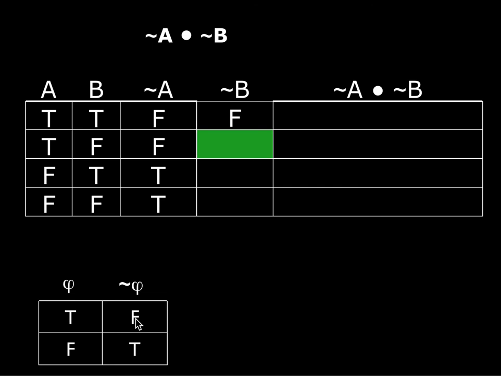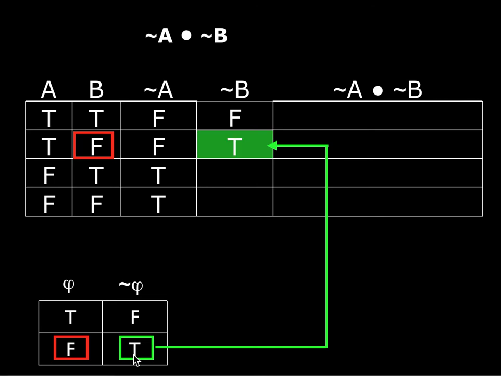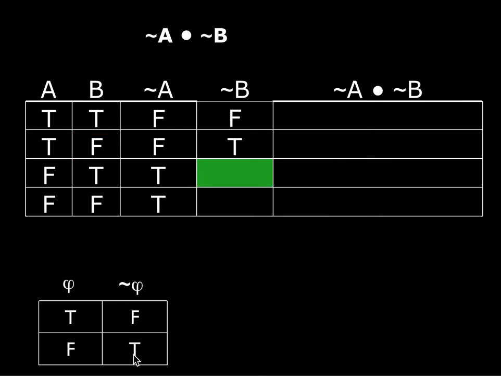Now in row 2, B is false. So I'm looking at this row here. When phi is false, not phi is true. So I'm going to put a true there. When B is true, what's not B going to be? Well, when phi is true, not phi is false.